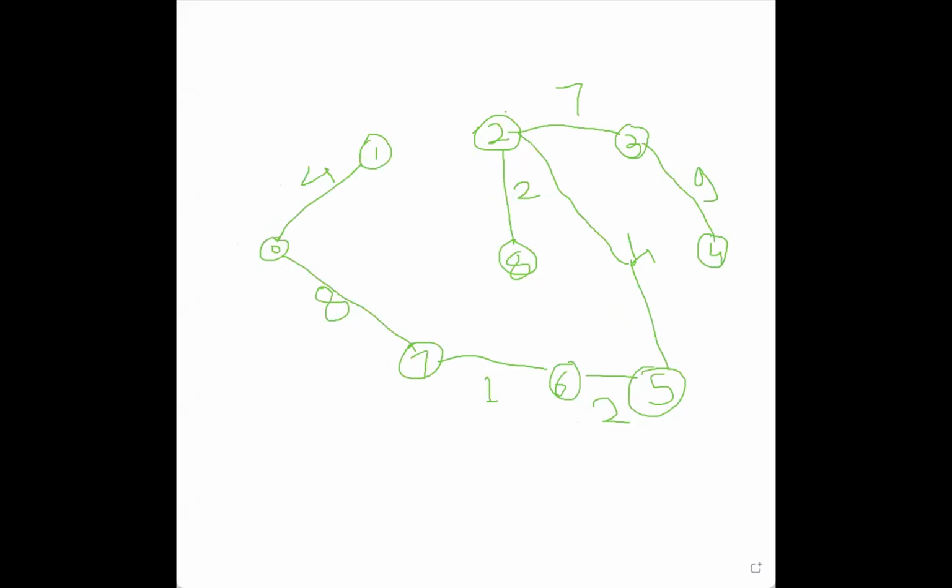We will now count the edges. 9 vertices are there. How many edges are there in the minimum cost spanning tree? 1, 2, 3, 4, 5, 6, 7, and 8. 9 vertices are there, 8 edges are there.